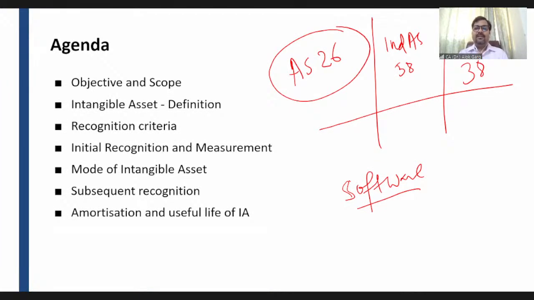Yes, you're right, Utkarsh. It is inventory for SAP, right? But if Maruti has ordered SAP Limited to install SAP in Maruti, so this SAP software in Maruti is inventory or intangible asset?